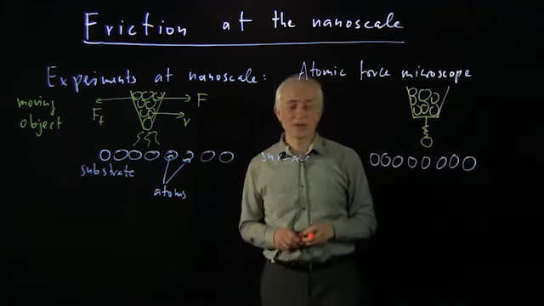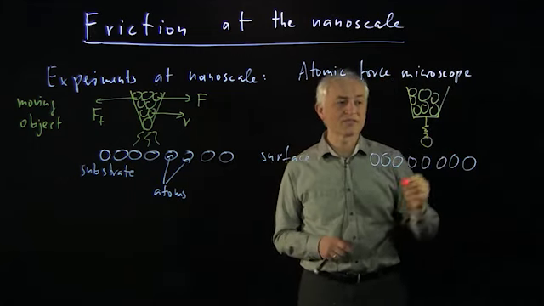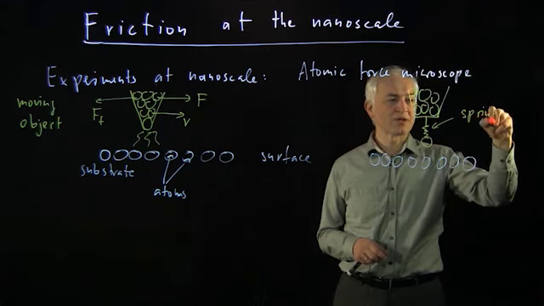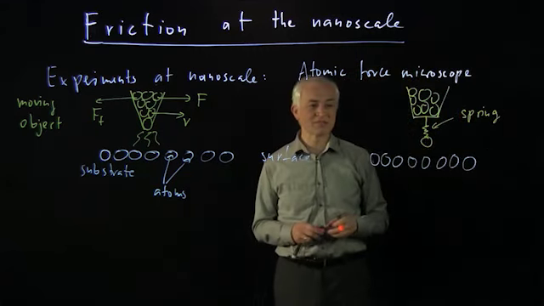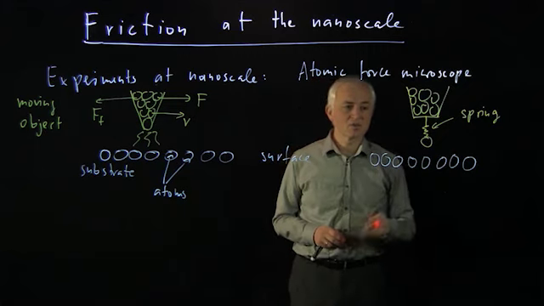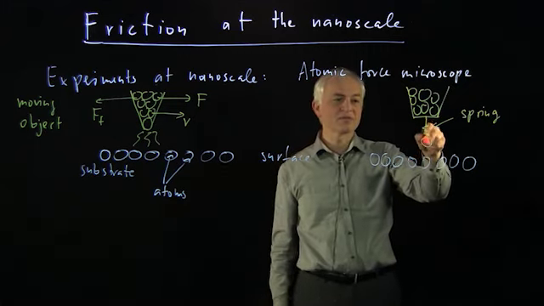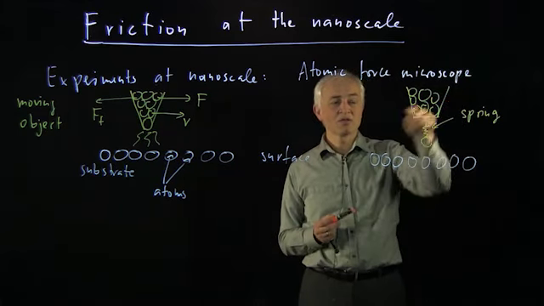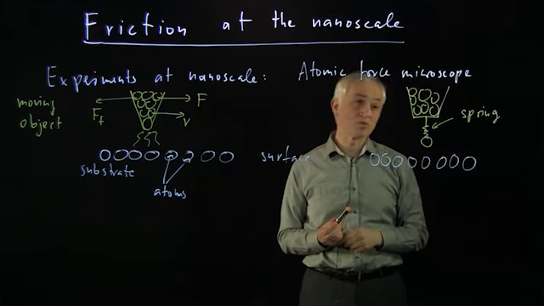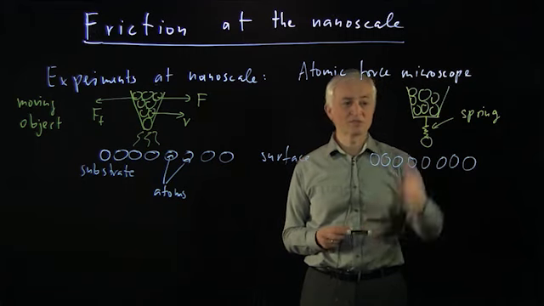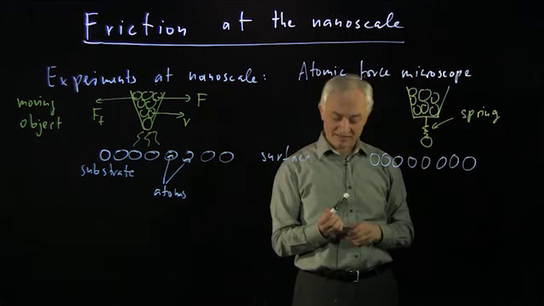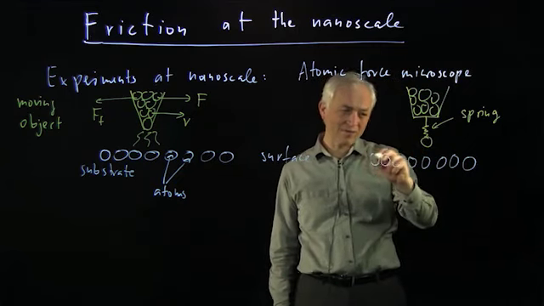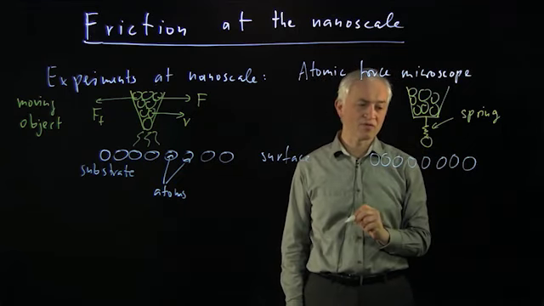And the simplest way that we can imagine the surface atom to be bound to the tip is via some spring, with some specific spring constant. So basically the one atom that makes the contact with the surface is bound via a spring to the rest of the tip that is moving, to the rest of the moving object. So this is how we view the tip as physicists to make a model. And then how do we view the surface to make a model? Well, we say this is really a periodic arrangement of the atoms.